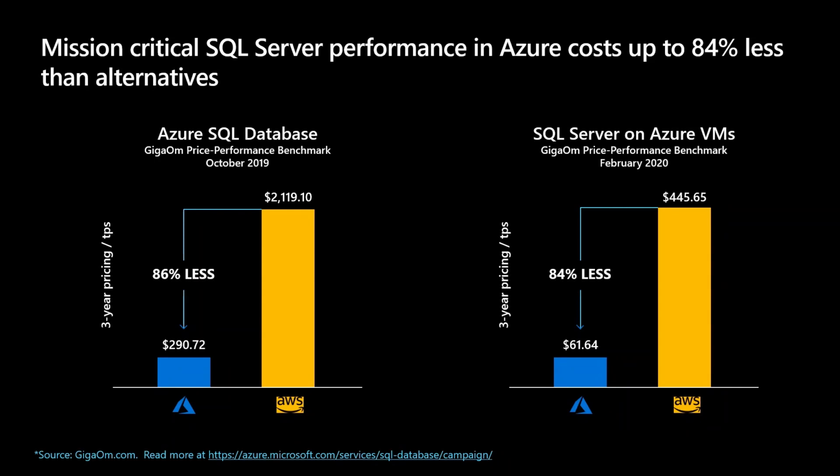This includes Azure only benefits such as Azure Hybrid Benefit, which waives your license cost for SQL Server, as well as you can also leverage 3-year reservations for additional savings. And more details are available in the link below.